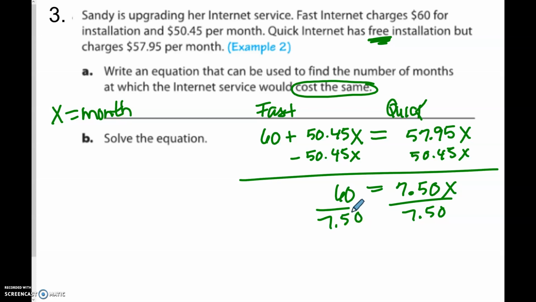So grab your calculator and take 60 and divide by $7.50, and 8 equals X. So what that means is after 8 months, we need an N there. After 8 months, the services cost the same.